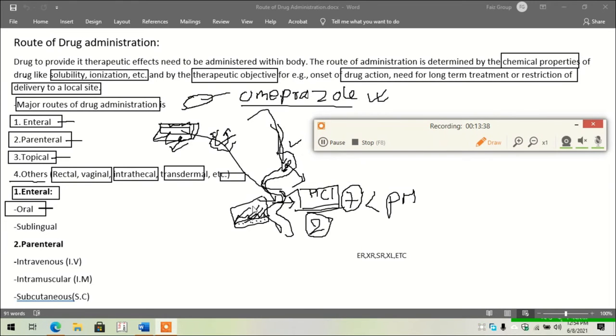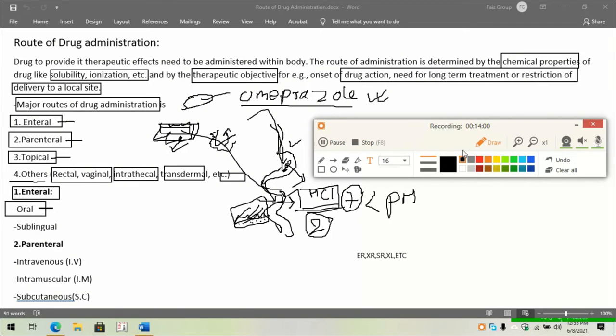Now let's move to the sublingual or buccal routes. The sublingual route involves placement of the drug under the tongue, as we have previously discussed.